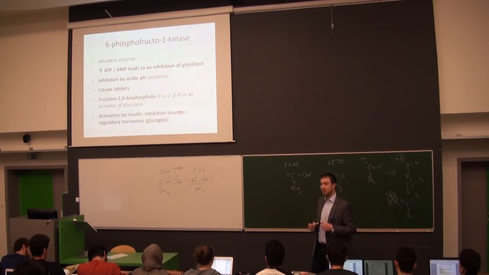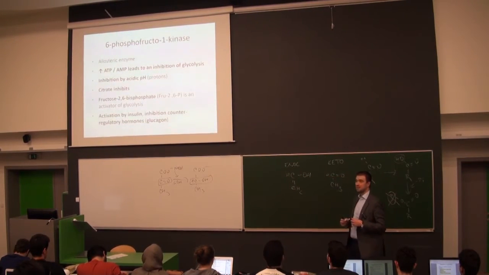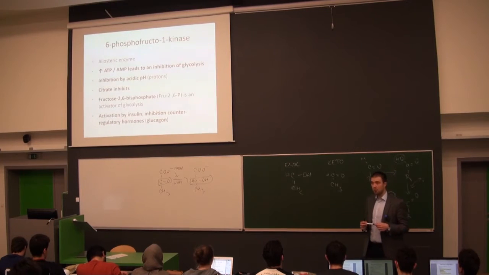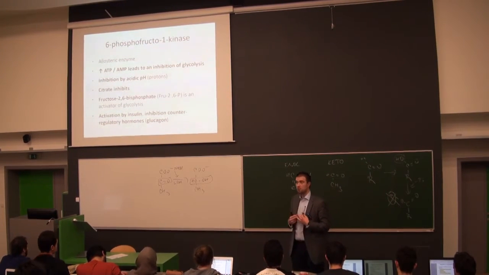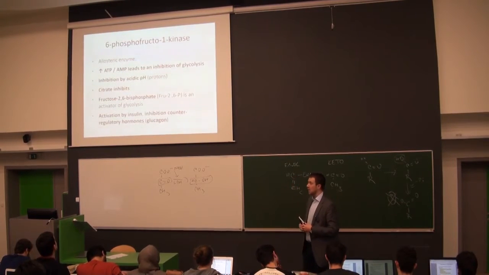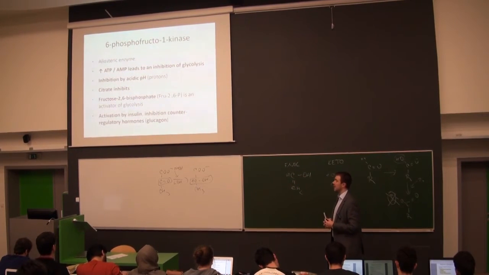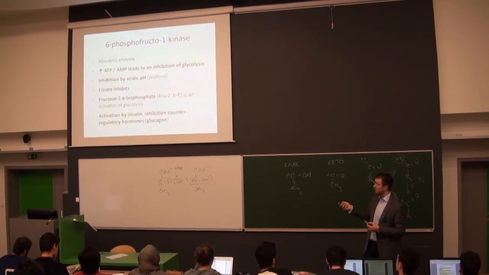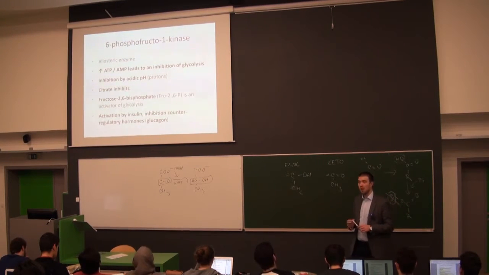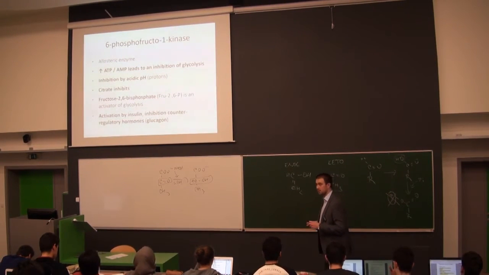Glycolysis is a pathway where you produce ATP. And therefore, you should do the glycolysis in the situation when you are missing ATP. If you have a lot of ATP, it's a waste of your time to produce new ATP. That means that the high ratio ATP to AMP will inhibit the whole glycolysis.